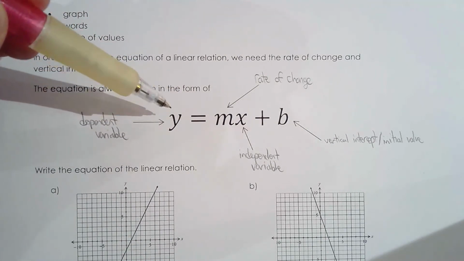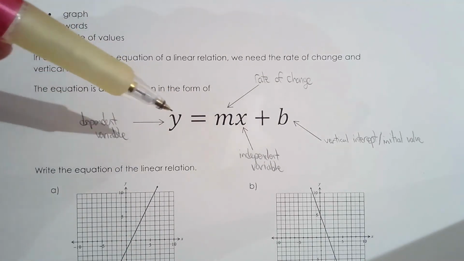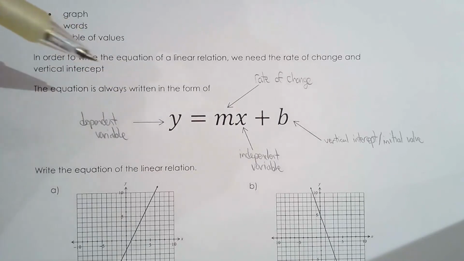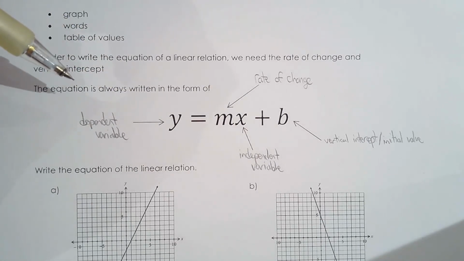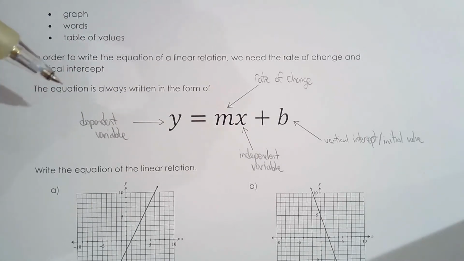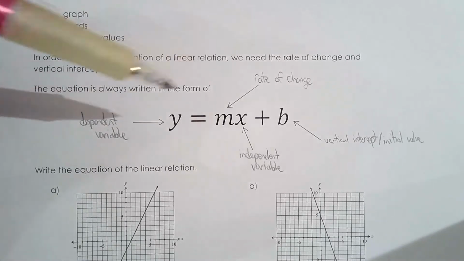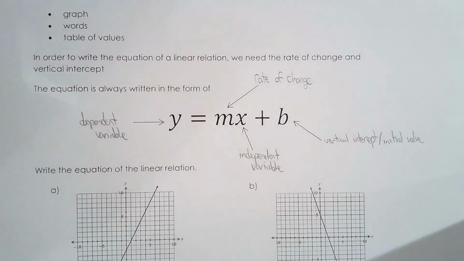but I want you to take a look at this equation and understand all you need in order to write the equation of the line is you need two things: the rate of change and the vertical intercept. Rate of change, vertical intercept. Once you can establish those two things, you can basically fill in the blanks and write the equation of your linear relation.